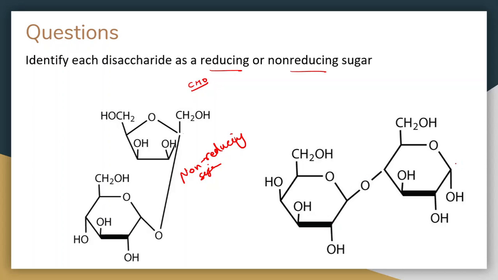Here this is C1, this is C1, this is C1, this is C1. Only this one is involved in the bond formation, but this one is free. This aldehyde group is free. When the ring opens, this will be a free aldehyde group. It is not involved in glycosidic linkage, so that is why it is a reducing sugar.